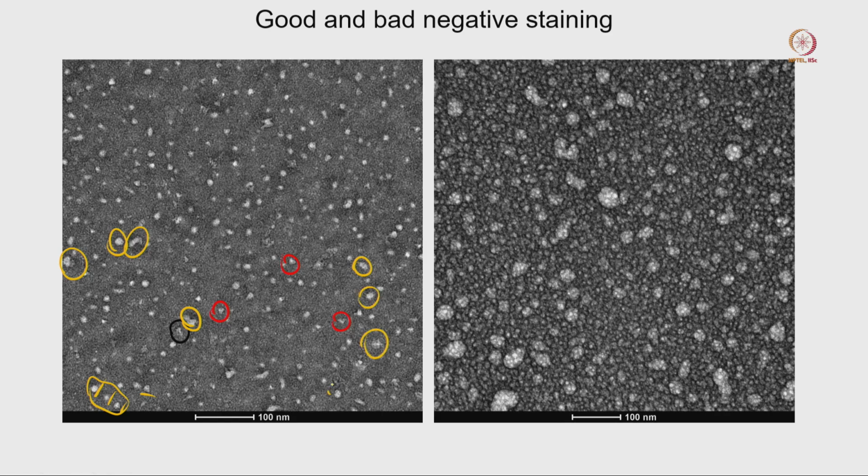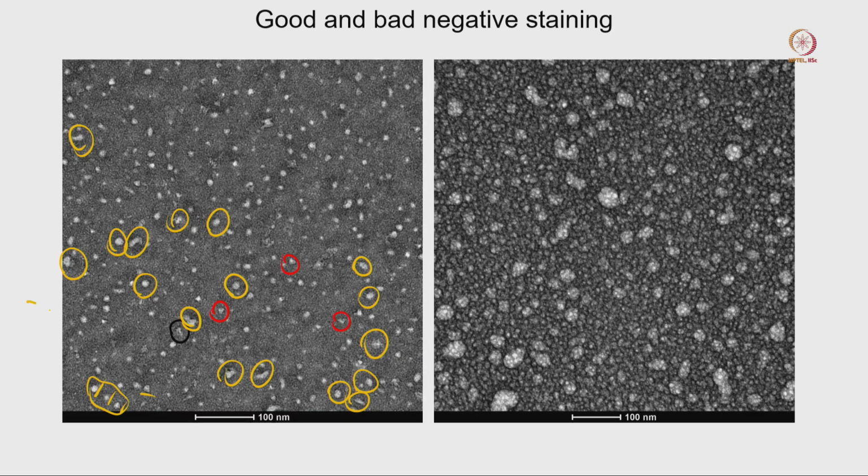Most of the time, if there is a very thick stain, we will see this kind of pattern all over, and from there we can misinterpret our data, thinking my protein is looking like a globular shape or a sphere. But basically this artifact is generated because of this high stain, or the very thick region we are trying to image.